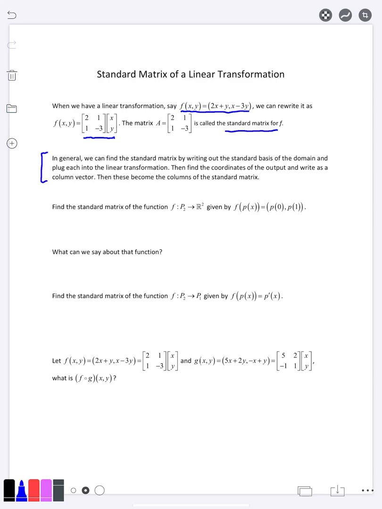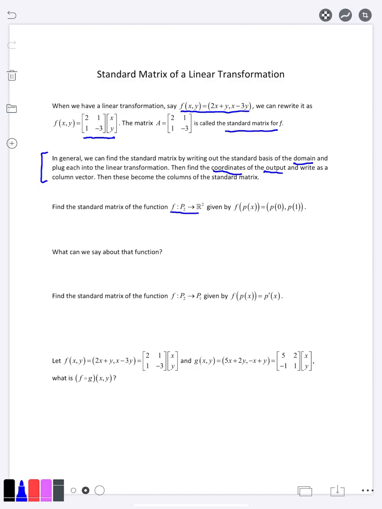So the idea is we take our input vectors, look at a basis for the domain, and plug each one of those basis vectors into the function. We get an output, then we write it in coordinate form based on the output basis and turn that into a column vector, and those columns then become the columns of the standard matrix.